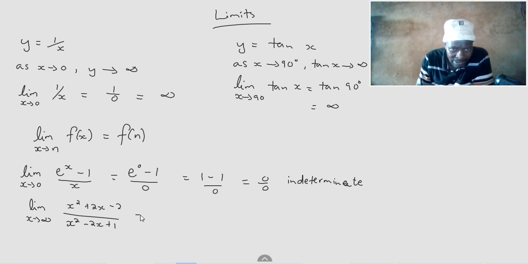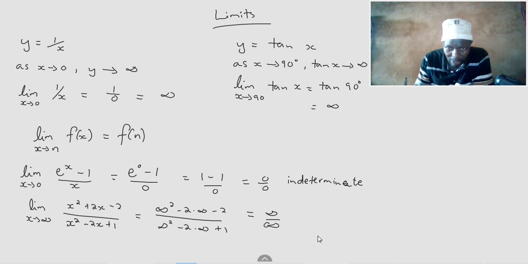We substitute the limit value, and on top you've got infinity squared plus 2 times infinity minus 2, which is infinite. The bottom is infinity squared minus 2 times infinity plus 1, another infinite. So you've got infinite over infinite.